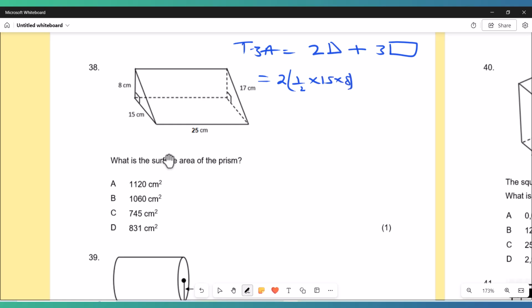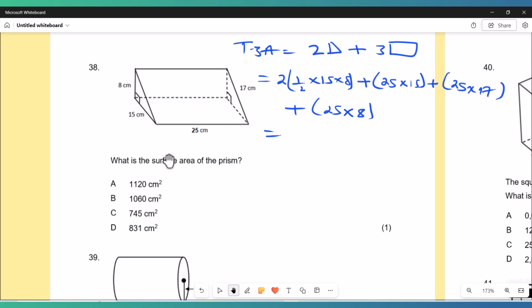Now the rectangles are not all equal, so we have 25 times 15, also 25 times 17, and plus 25 times 8.